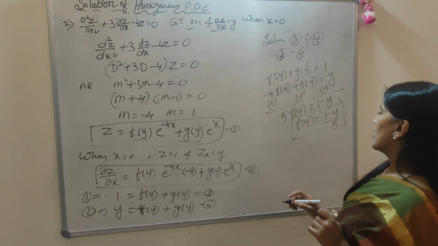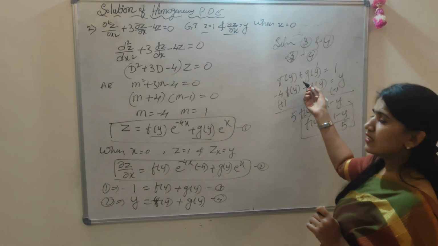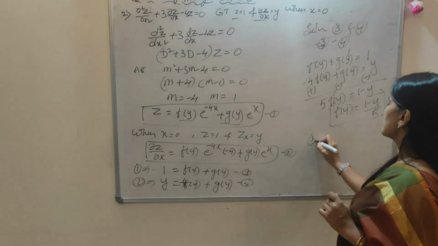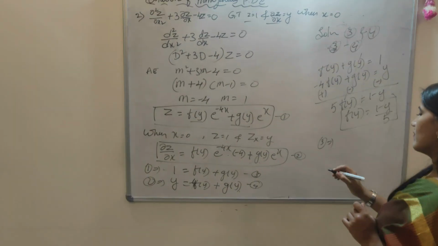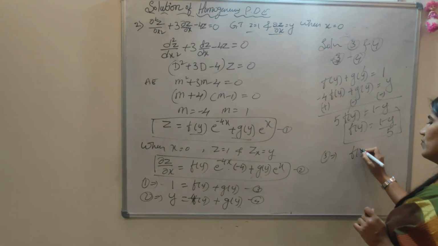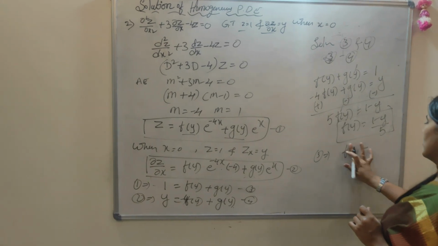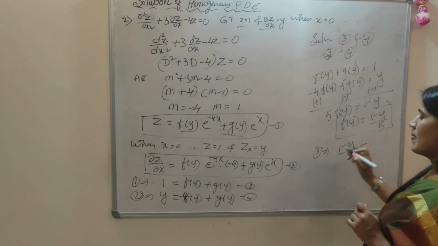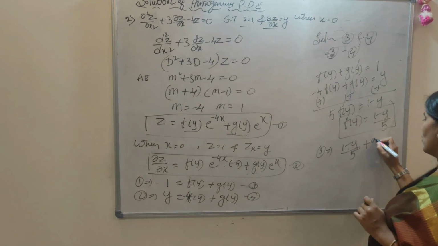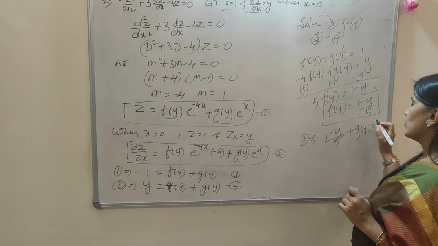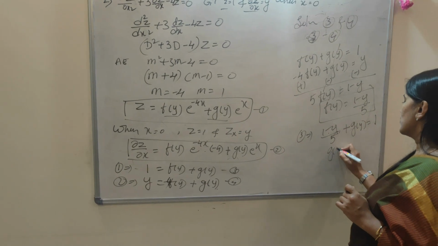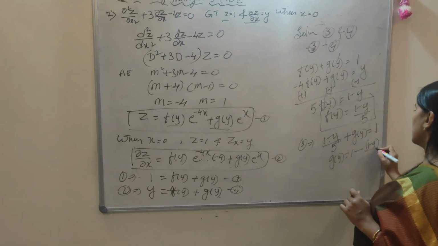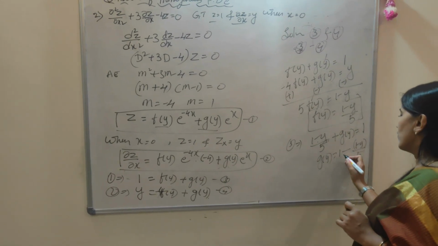You can substitute f(y) in any one of the equations. I will substitute f(y) in equation 3. So (1 − y)/5 + g(y) = 1. So g(y) = 1 − (1 − y)/5.